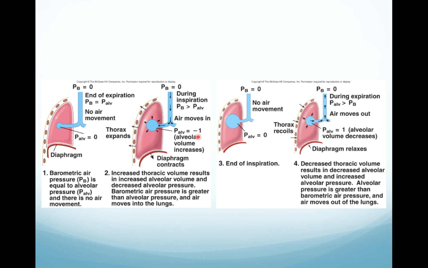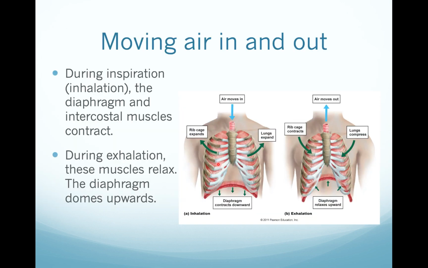And we know from this last slide that a way to lower pressure in here is to increase the volume in here. So expand the ribs out, contract the diaphragm down, increase the thoracic volume to make the pressure in here drop.